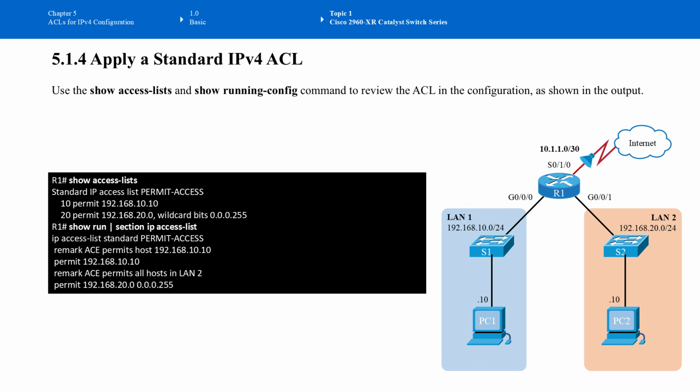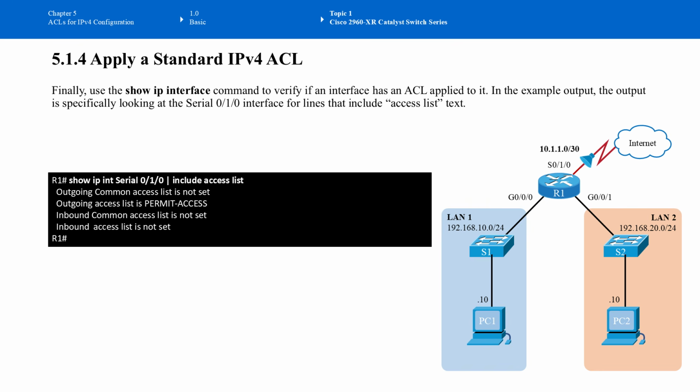As you can see, it shows the standard IP access list called permit-access, and then there are the rules: 10 permit 192.168.10.10, also 20 permit 192.168.20.0 with wildcard bits 0.0.0.255. And then we can use the show run | section ip access-list command to review this.